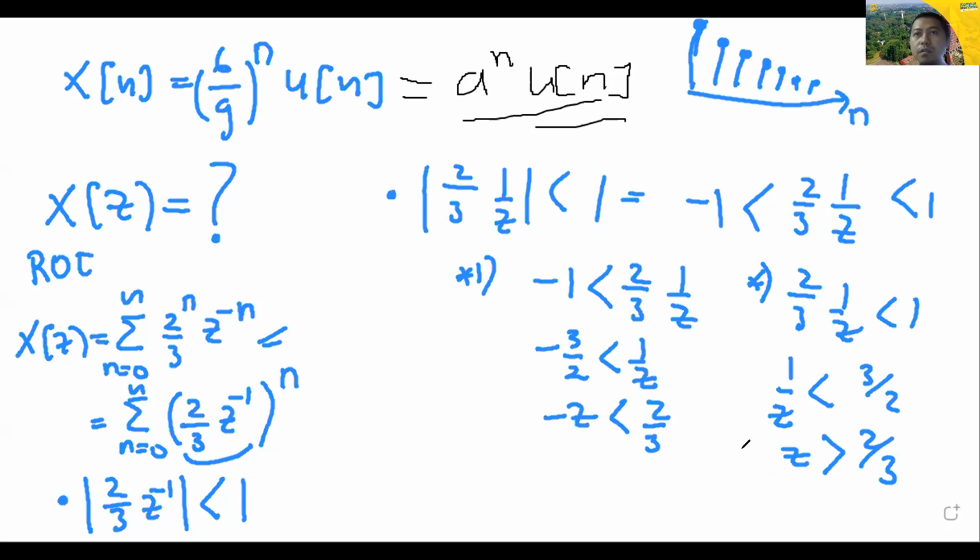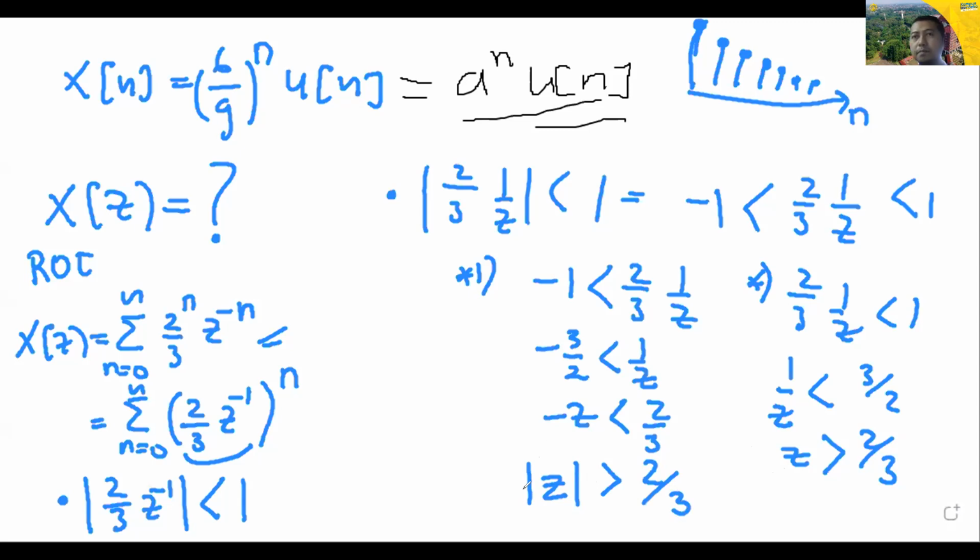So combining two results, we can say as Z greater than 2/3.